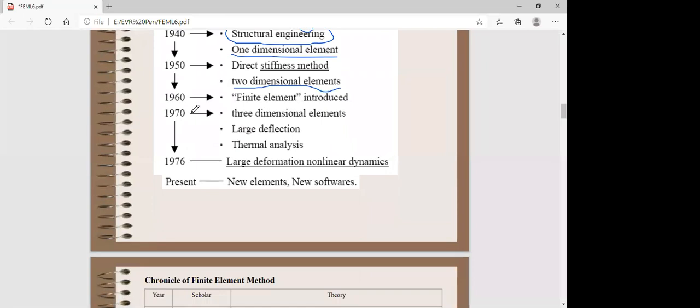Between 1960 and 1970, in 1960, that method was called the finite element method.